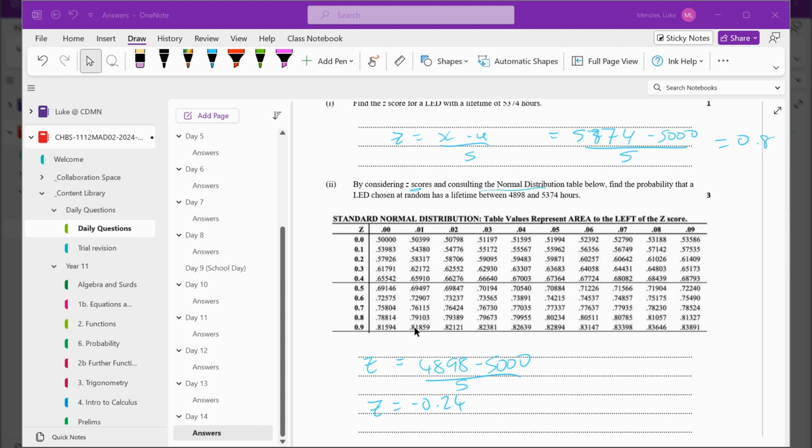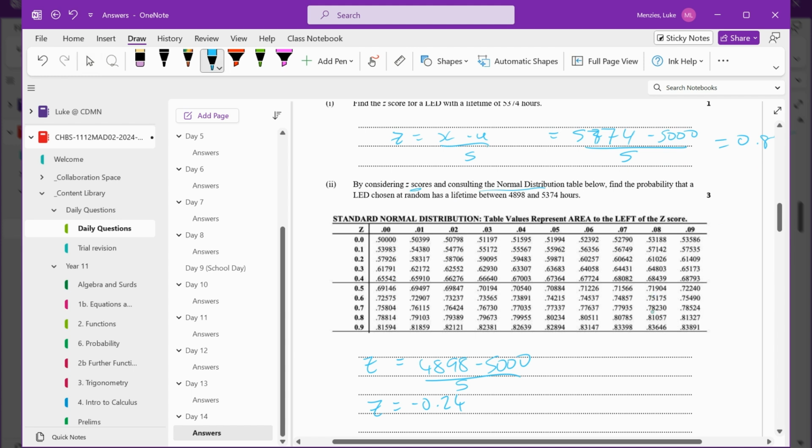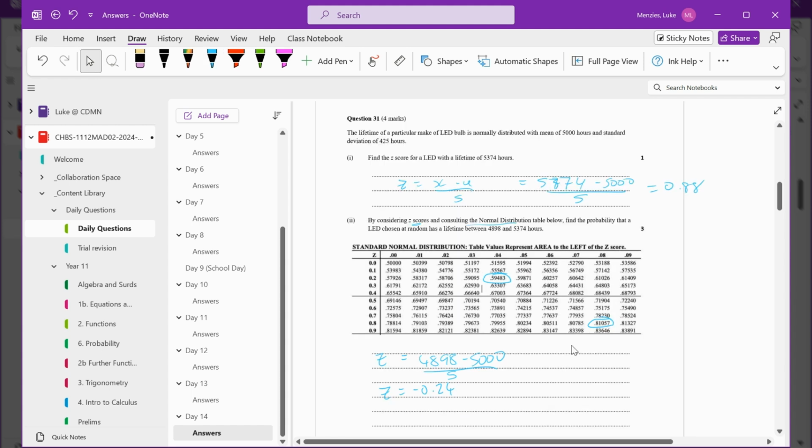Now we've got to use the table. So we've got to find 0.88 on there, which is somewhere about that one, I believe. Negative 0.24 is not on there. However, 0.24 is on there.